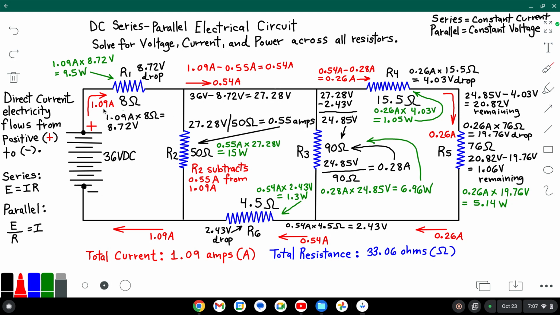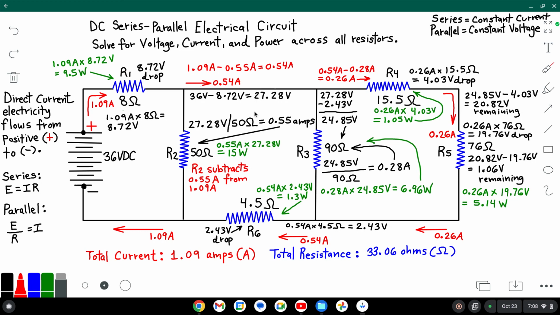However, we said that current remains constant on series, unless a parallel circuit junction takes away amperes from the given series pathway. So in this case, R2 subtracts 0.55 amps from 1.09 amps and leaves 0.54 amps to flow down series.